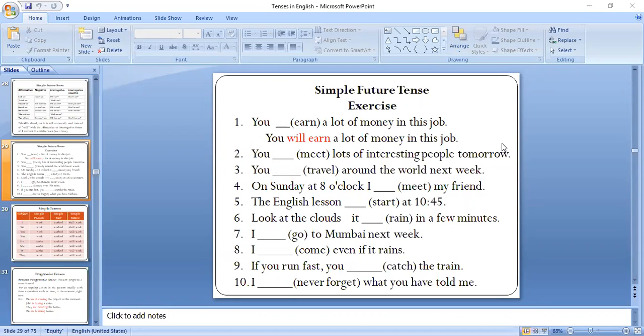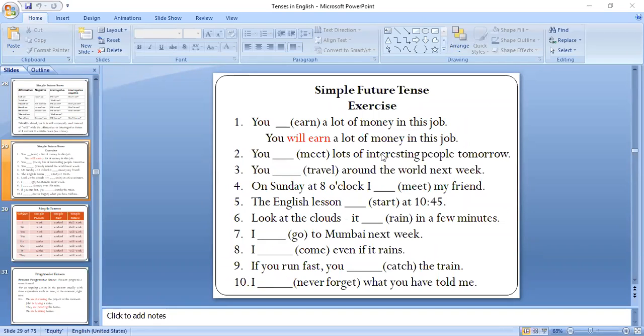So what will be the form of verb? We will use here will. Okay, you will earn a lot of money in this job. So they have given the answer itself below that. Okay, so you will earn a lot of money in this job.